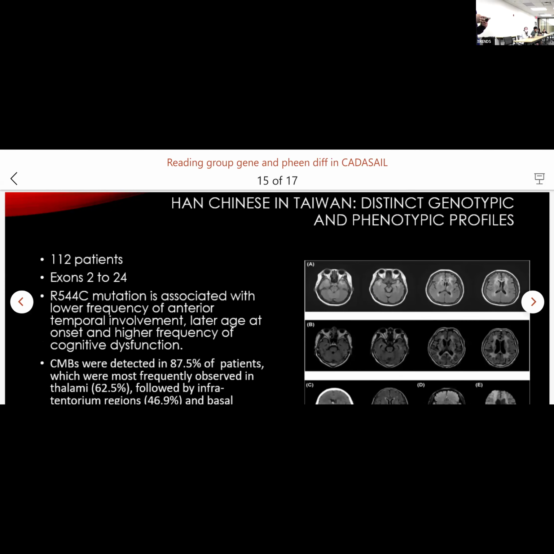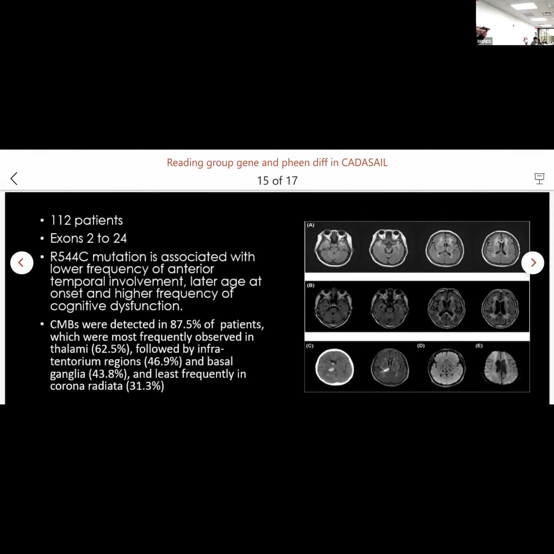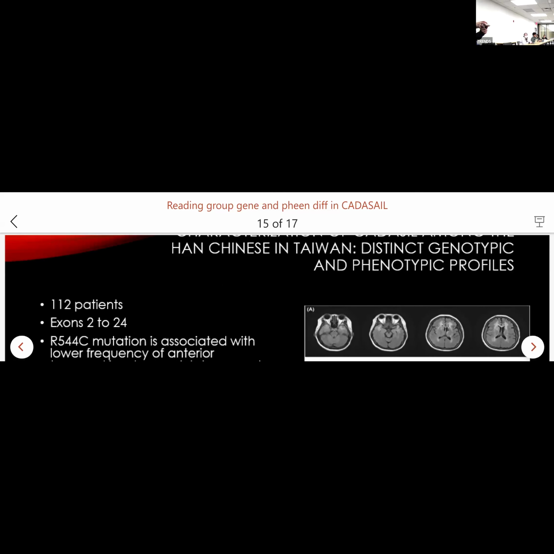Finally, how does this affect the imaging and the clinical symptoms themselves? This Chinese study that the paper cites describes it pretty well. This study had 112 patients.